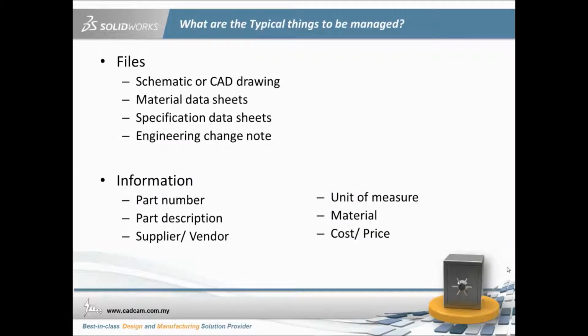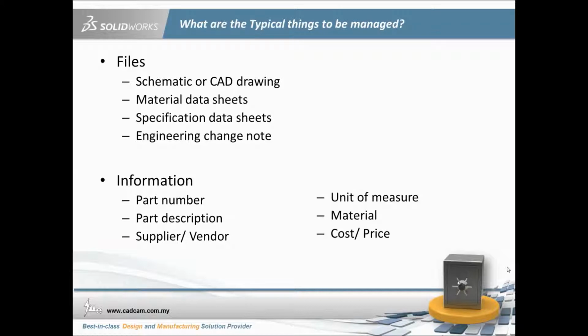So what are the things that most of the engineers and designers or your employees are required to manage? First of all, the files, whereby there are schematic diagrams, CAD drawings, material data sheets, specifications, engineering change notes created by Microsoft Excel, Microsoft Word documents, PowerPoints, and so on.